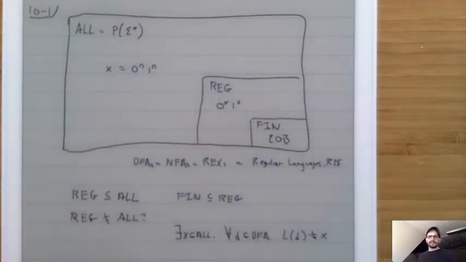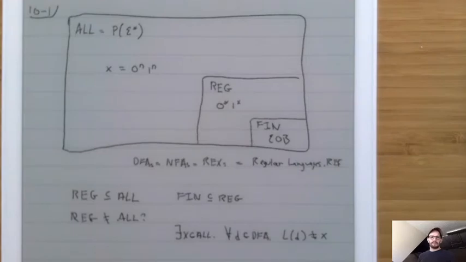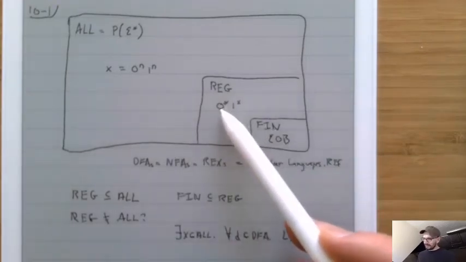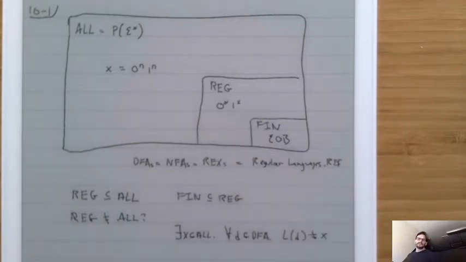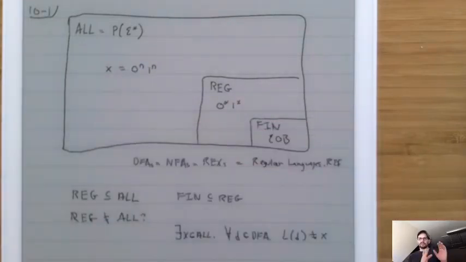What that language means is an equal number of zeros to ones. And this is very different from 0 star 1 star, because 0 star 1 star means any number of zeros followed by any number of ones. So for instance, that would be like 3 zeros and then 5 ones. But 0 to the n, 1 to the n means exactly 3 zeros and then exactly 3 ones. Whatever number there are, there is an equal number of them.